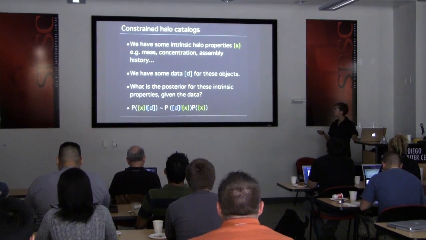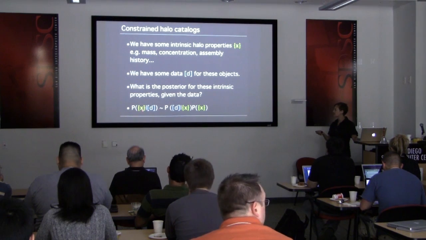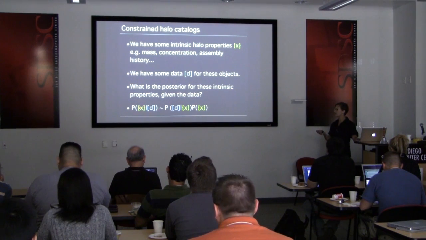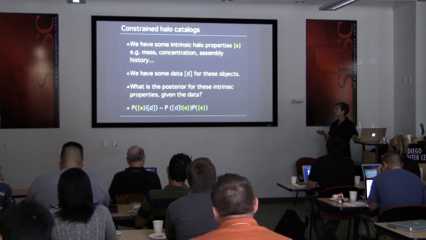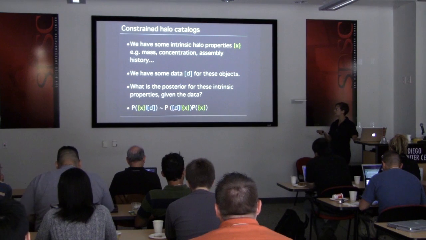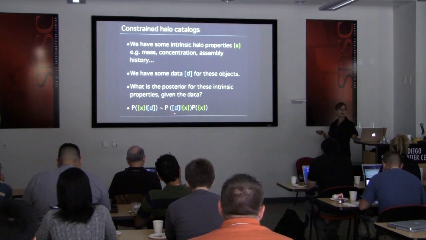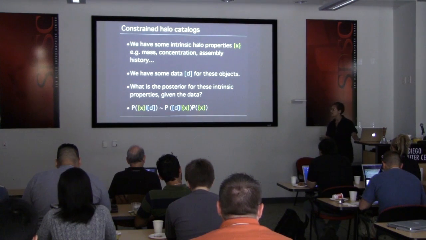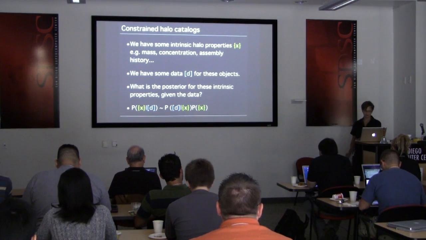Okay? So in order to get that, you want this probability for the intrinsic properties given the data. In order to get that, you take the probability of the data given the model, which you can do in the context of the simulation, times the probability of the model.